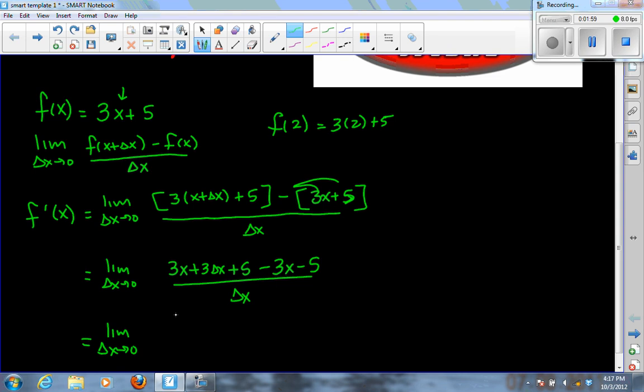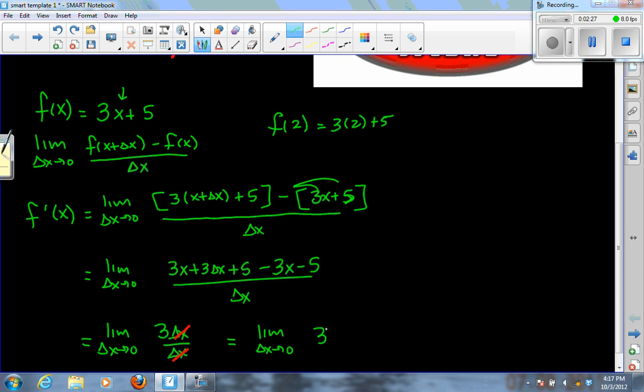Plus 5 minus 5 goes away, so I get 3 delta x over delta x, which is the same thing as the limit as delta x goes to 0 of 3, because your delta x will cancel. Remember, you can't do direct substitution yet because 0 over 0 is undefined, so you have to cancel these, and now you can do direct substitution.